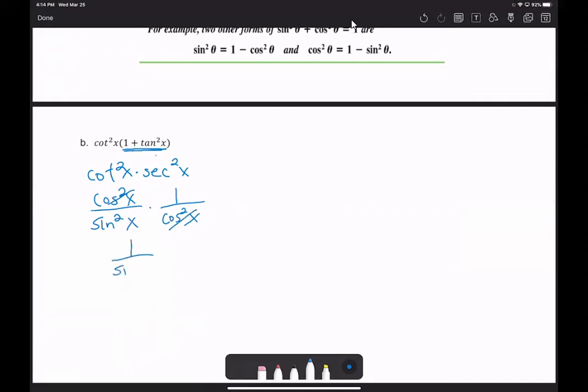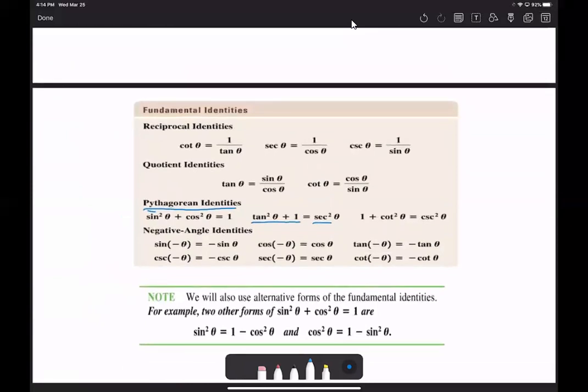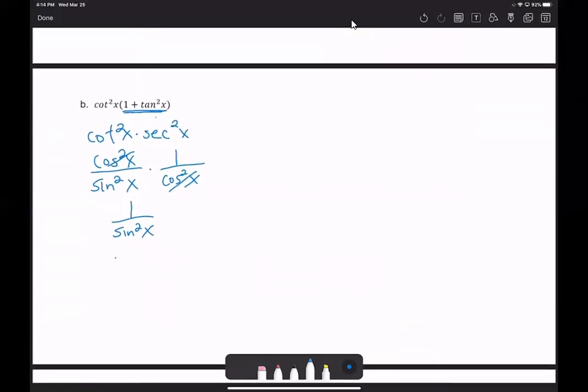That's all we can do. So then I've simplified this expression, but in the directions it says no quotient. This is a quotient. What do we know? What trig function is the same as 1 over sine squared? Well, 1 over sine is cosecant. So then 1 over sine squared is cosecant squared x.